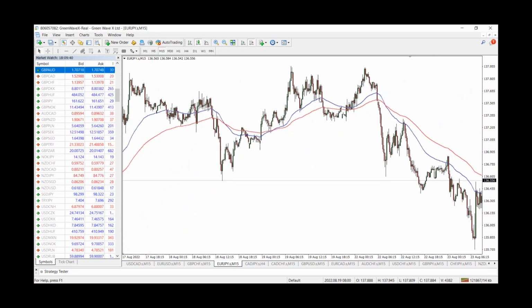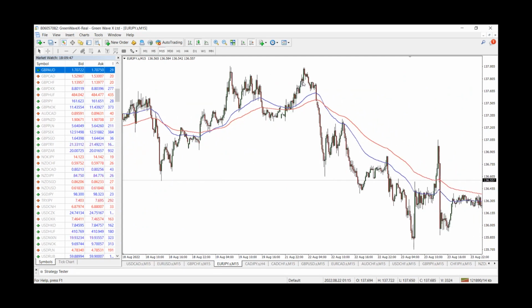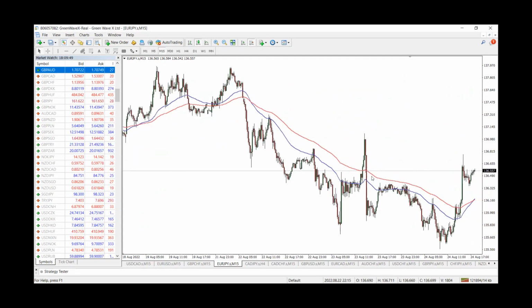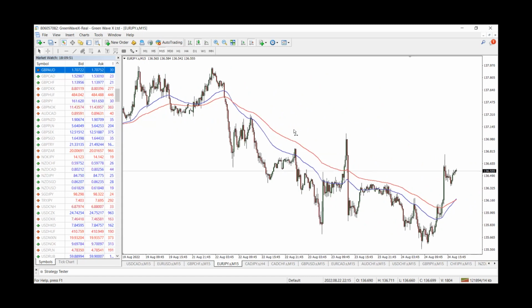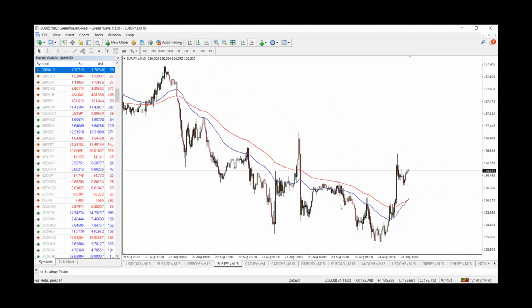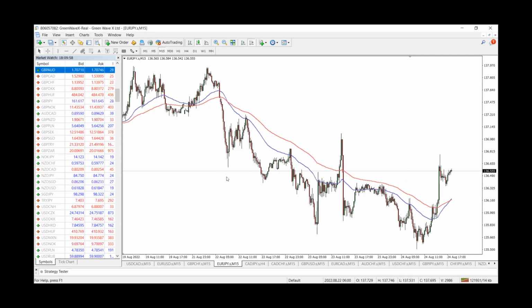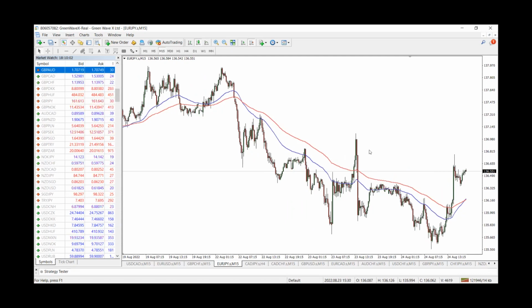Good one, 5-3. Then 5-4, just a tiny profit. Maybe 6-4, 7-4, not really that much. 8-4, maybe 8-5, maybe 9-5. So you can see 9 wins, 5 losses, and one of those 5 losses is inconclusive, because it's a very tiny profit.